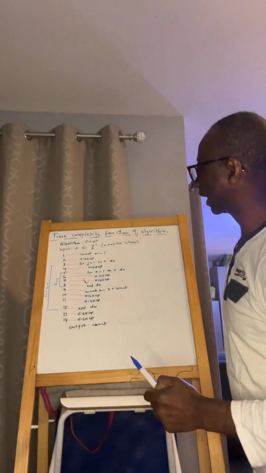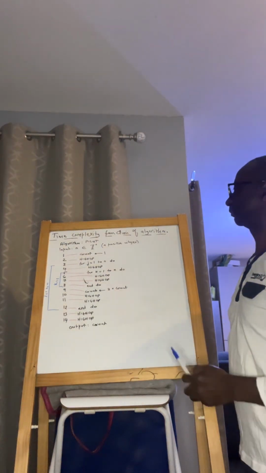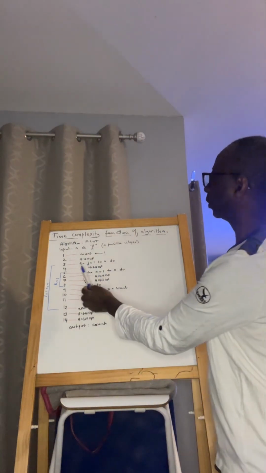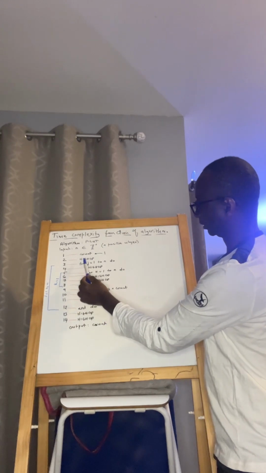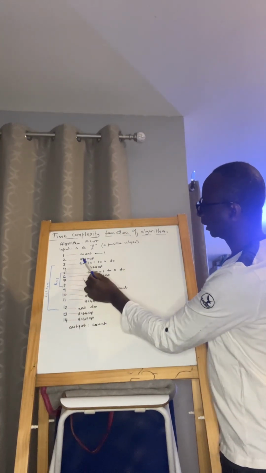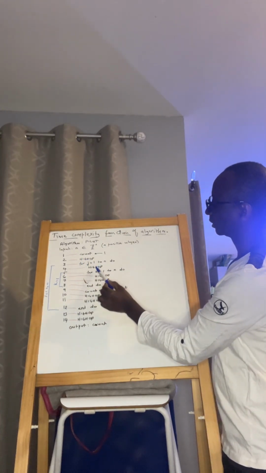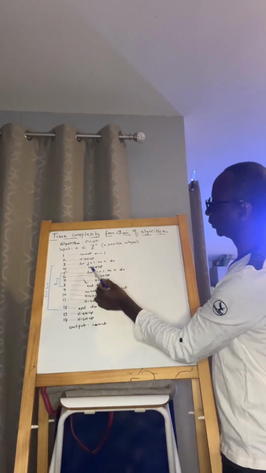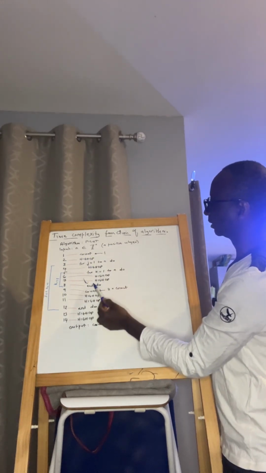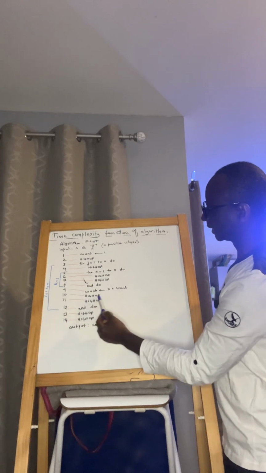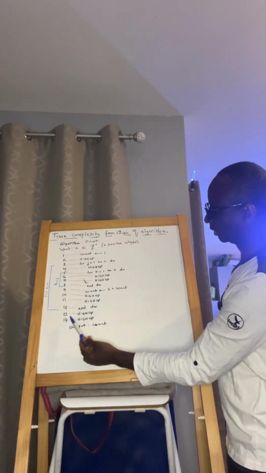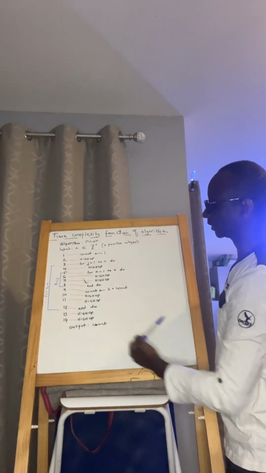But the question here we are asked to solve, we are only going to look at high operations in this code. Wherever you see high operations, we'll have it at line 2, line 4, line 6, line 7, line 10, line 11, line 13, line 14.